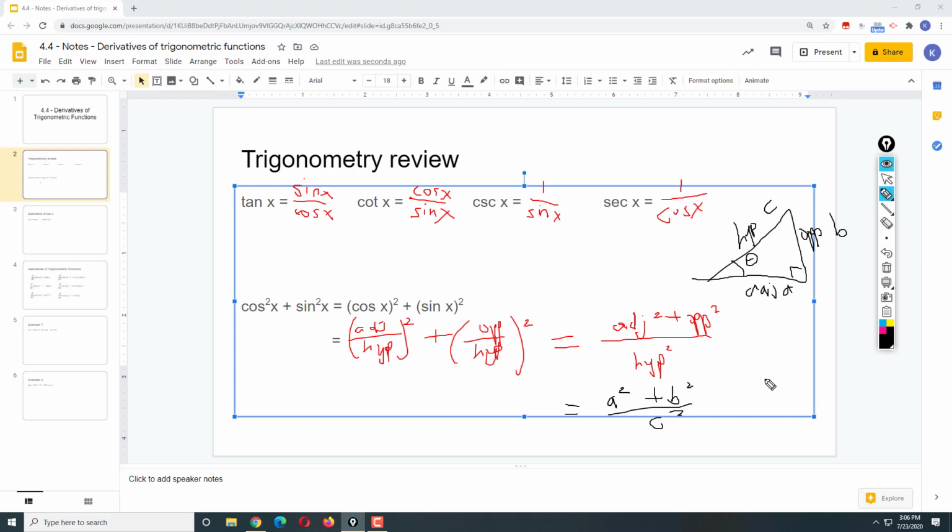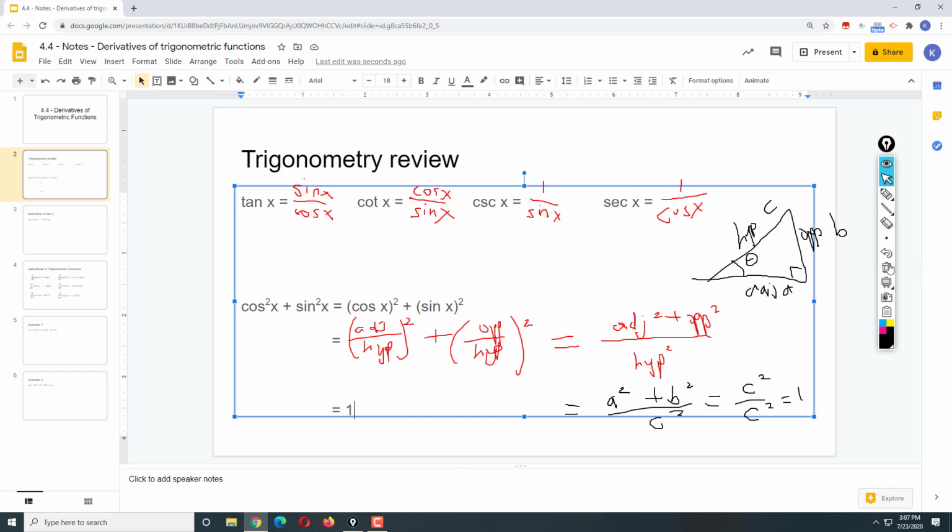It's a right triangle, so by the Pythagorean theorem, A squared plus B squared is equal to C squared. So really all of this is C squared over C squared, which is equal to 1. In other words, cosine squared x plus sine squared x is equal to 1. We can also write it as sine squared x plus cosine squared x equals 1. We will use this to figure out the derivative of tangent x.